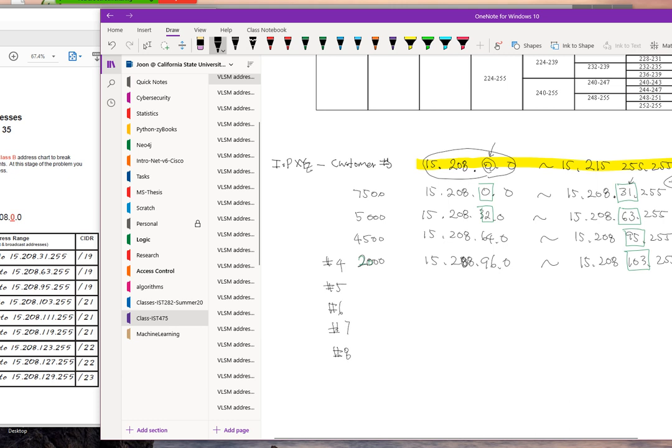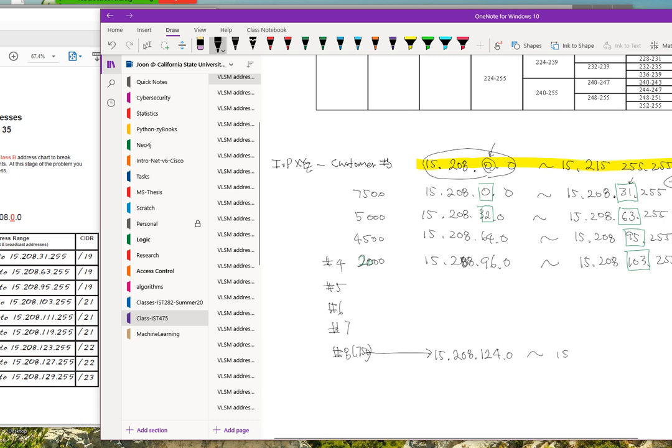So now let's take a look at client number 8. Client number 8's requirement is 750 IP addresses, starting with 15.208.124.0 all the way to 15.208.127.255/22.